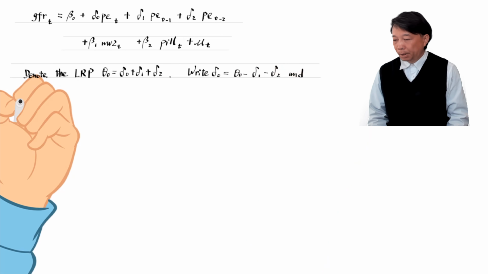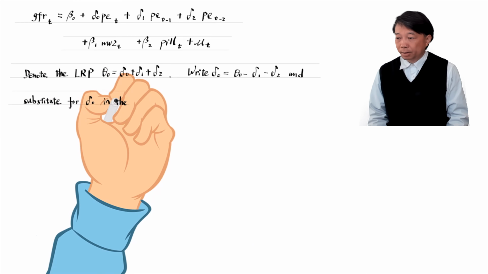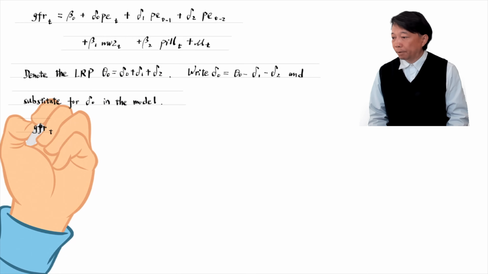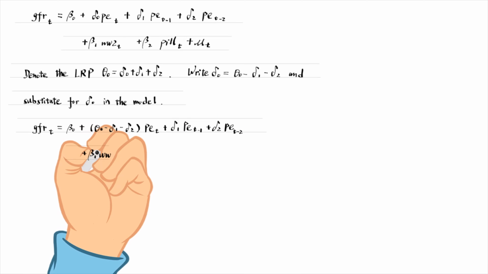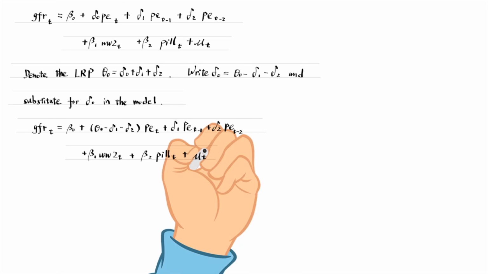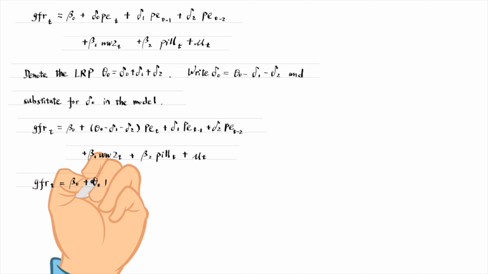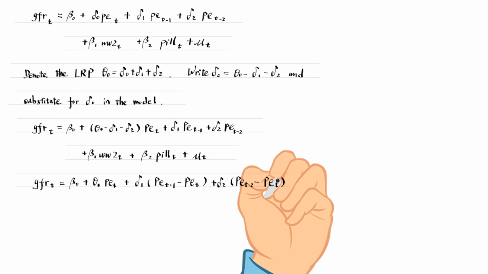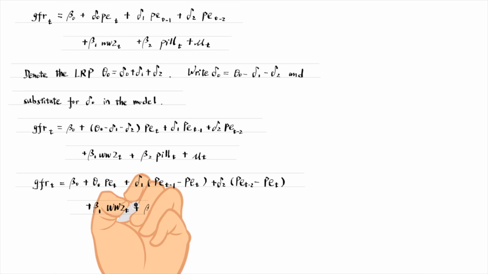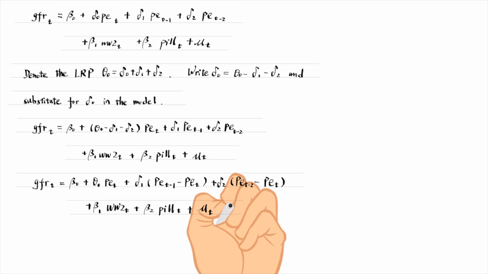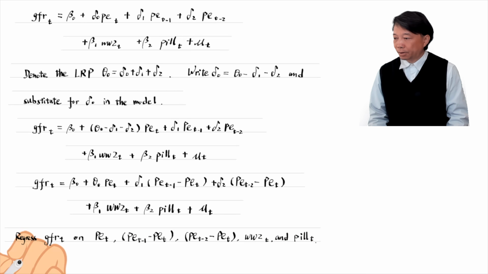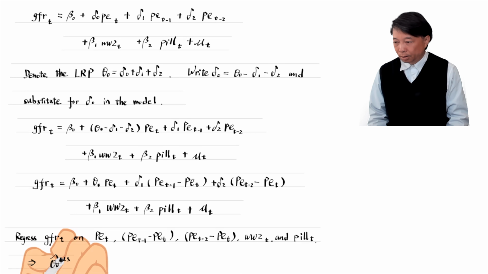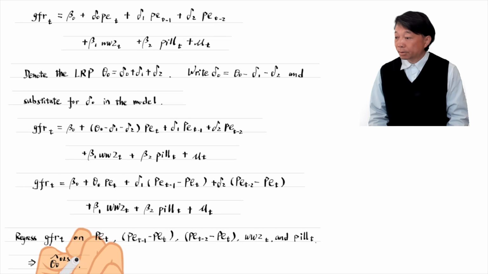Then, we replace sigma 0 with its expression and have a new regression equation. We obtain the OLS estimate for the long-run propensity theta 0 hat and its standard error by estimating the new equation.